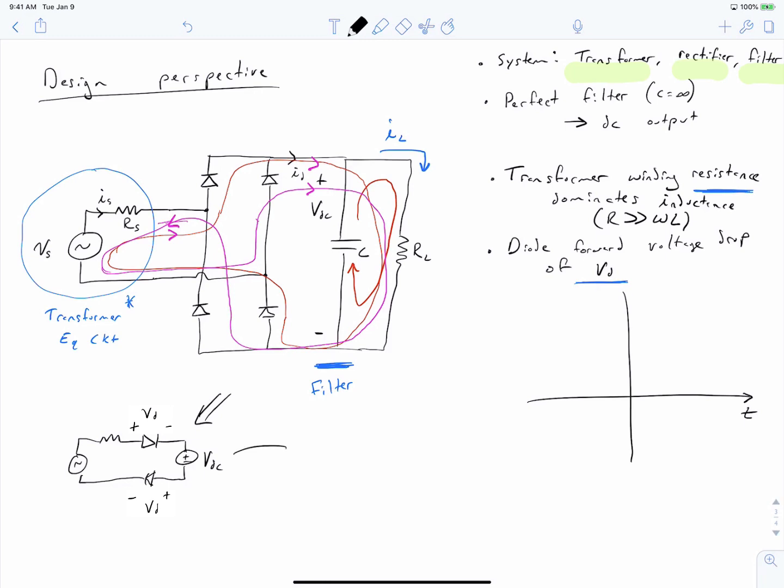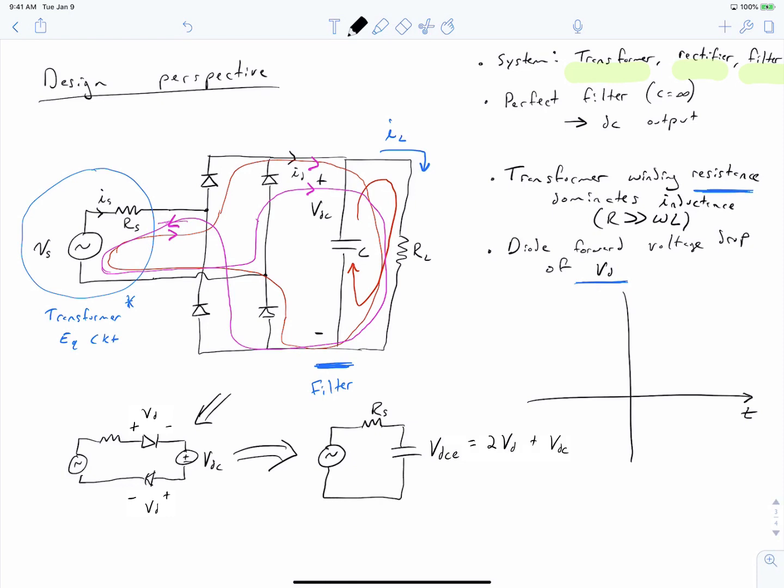So we can go from this circuit to a complete electric circuit, which has our input voltage, a resistance of Rs, and an equivalent output voltage of VDCE.